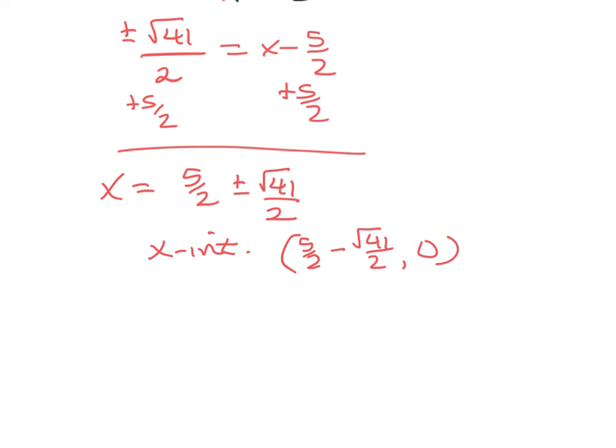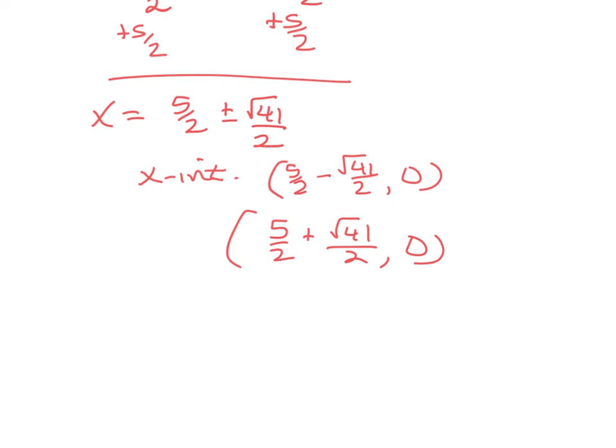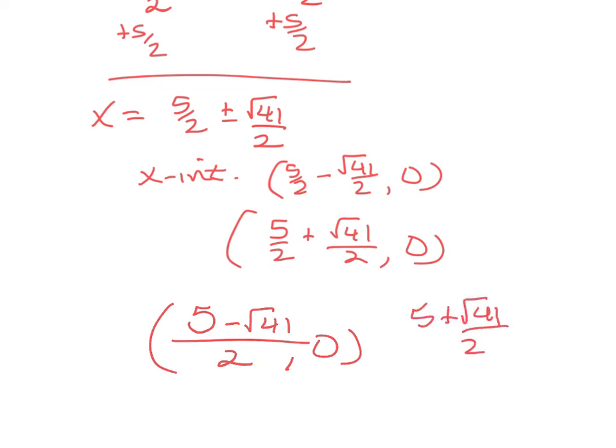Minus, and then this one, you'll do a plus sign, comma 0. Now, if you prefer to write it with one fraction, you can also write it as 5 minus the square root of 41 over 2, comma 0, and 5 plus the square root of 41 over 2, comma 0. Either one would be acceptable.